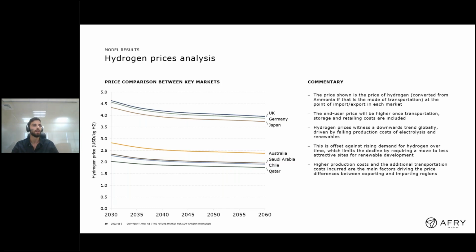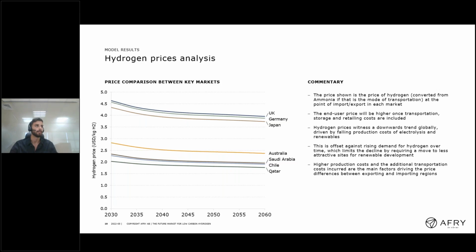First one being the difference in price between exporting regions and importing regions. These prices are reflective of the price at either the export hub or the import hub in each region. This big difference is due to two main factors.